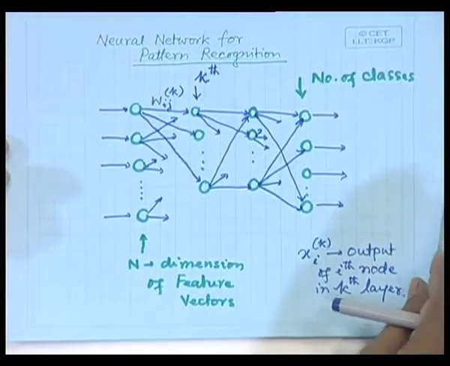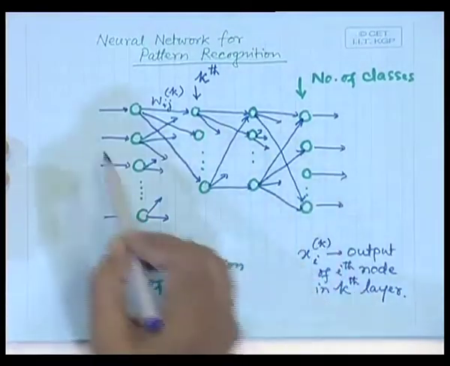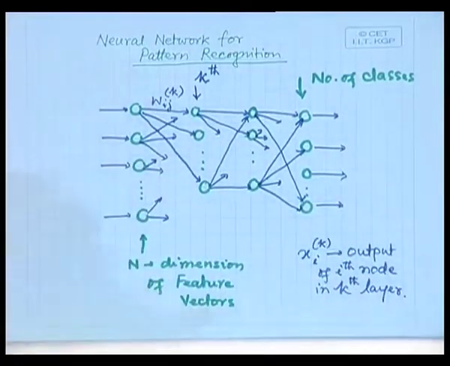As we said, for training the neural network we input all the training feature vectors, and we know the class belongingness of each training feature vector.